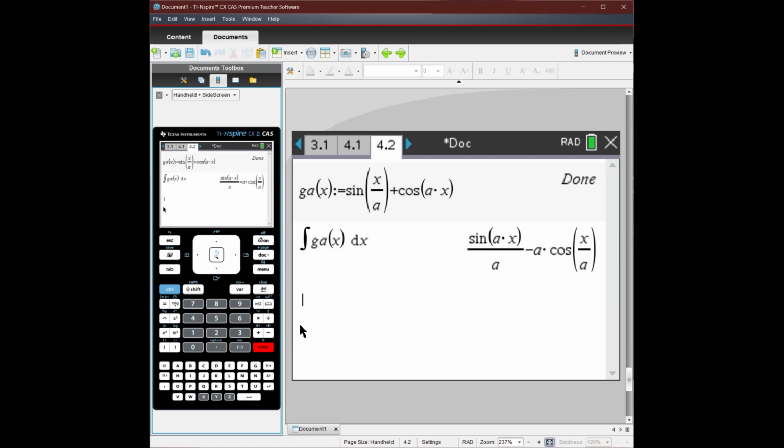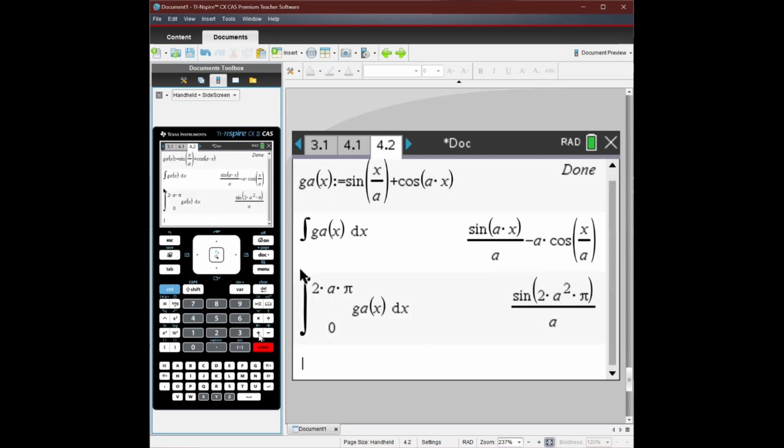Add c. Add c is optional. Now using the definite integral from 0 to 2a times pi of g_a of x dx, that gives you this value. And then remember, a is a whole number, okay? So a squared will also be a whole number, an integer. And sine of 2 times an integer times pi is always 0. Something along these lines.